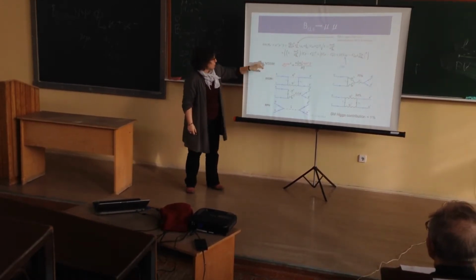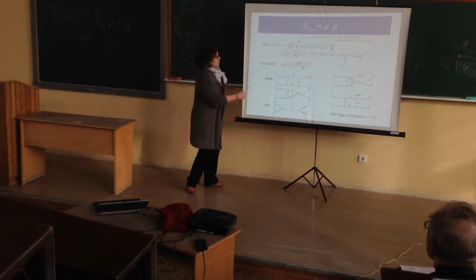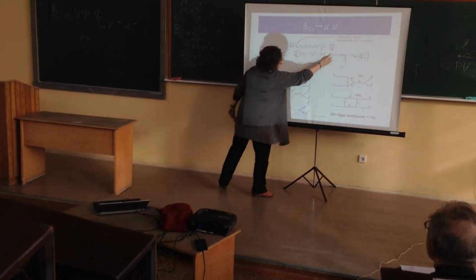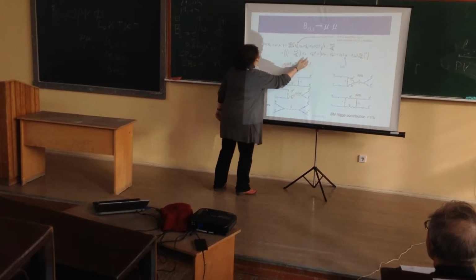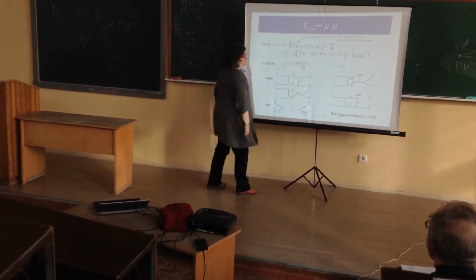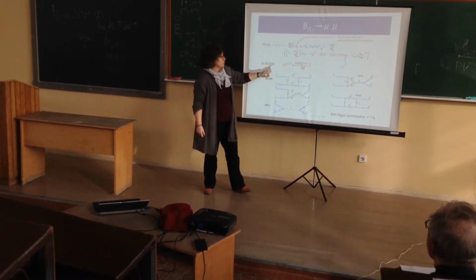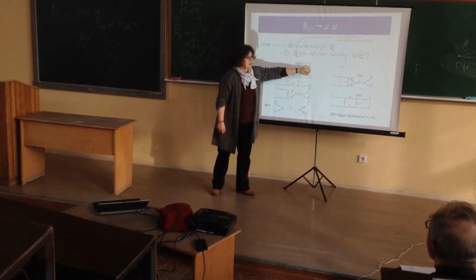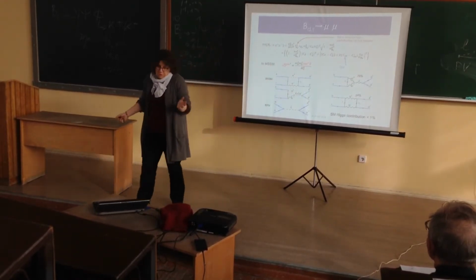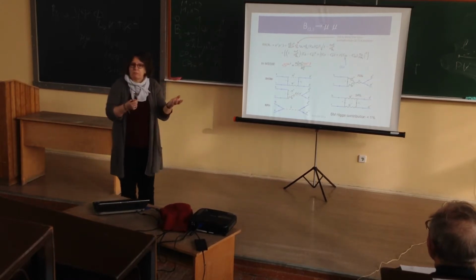And in this example of new physics, the coefficient there will be proportional to some new physics parameter. So this is a SUSY, supersymmetric model, and these are the supersymmetric parameters. Okay, so it's just a game to play.